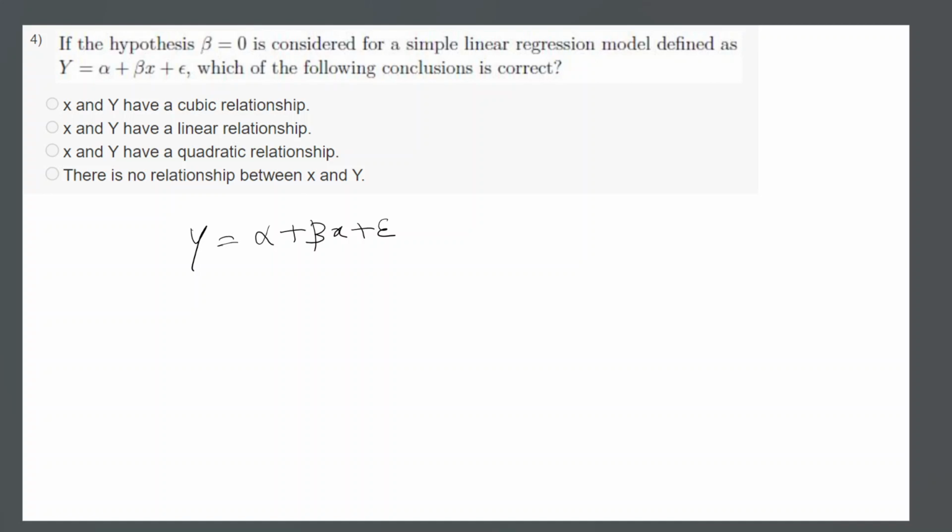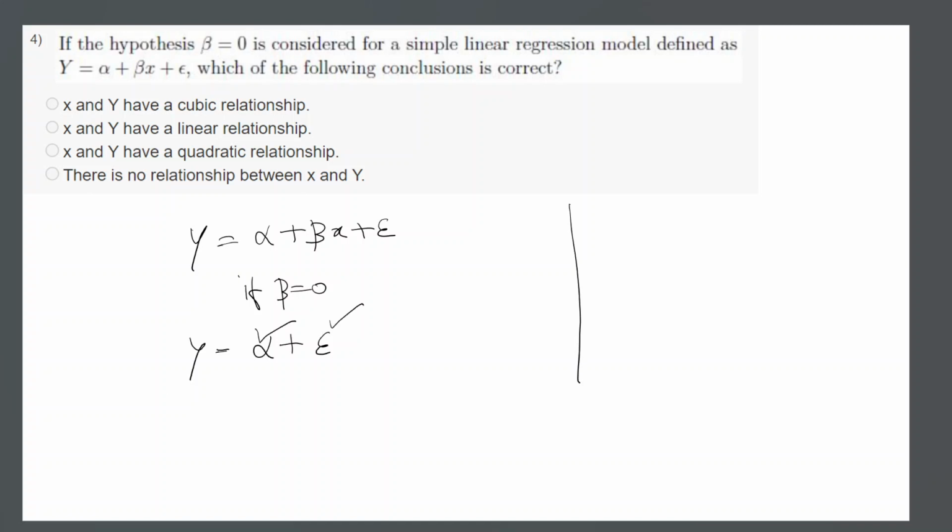So if beta is equal to 0, y is equal to alpha plus epsilon. So we know this is a constant. This doesn't vary with respect to y. This is also an intercept. This also won't vary with respect to y because there is no x term here.